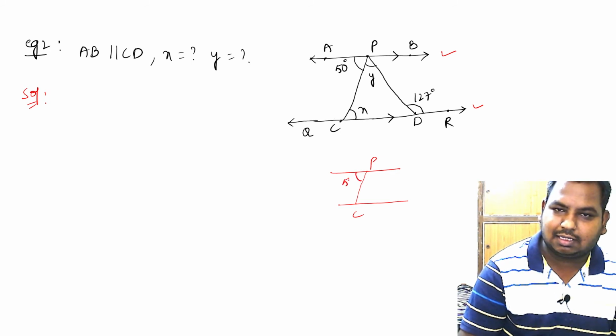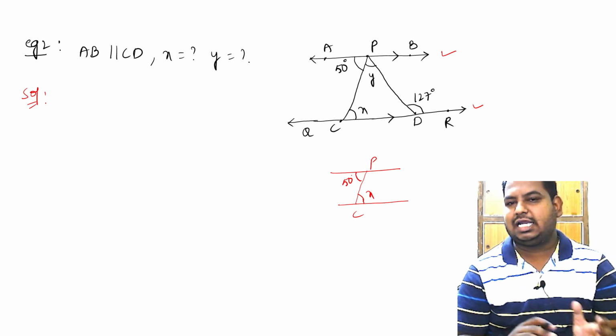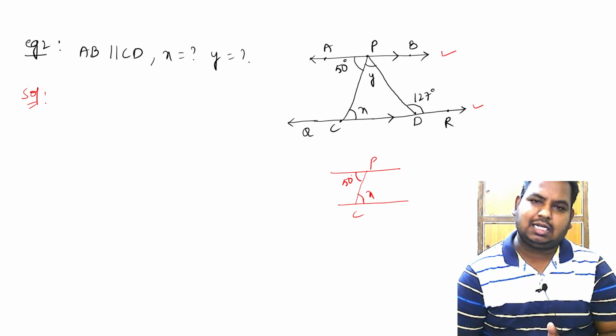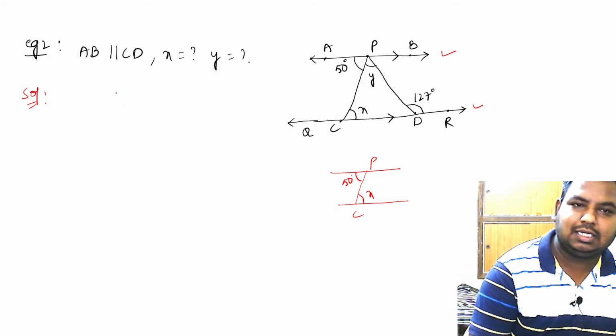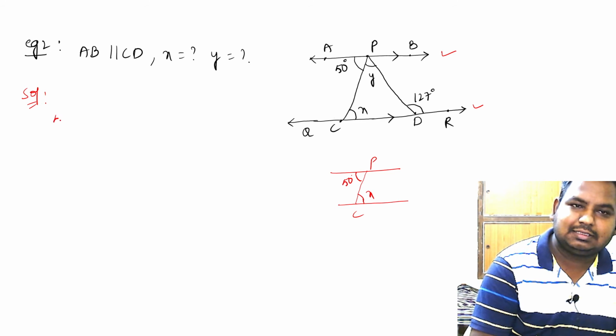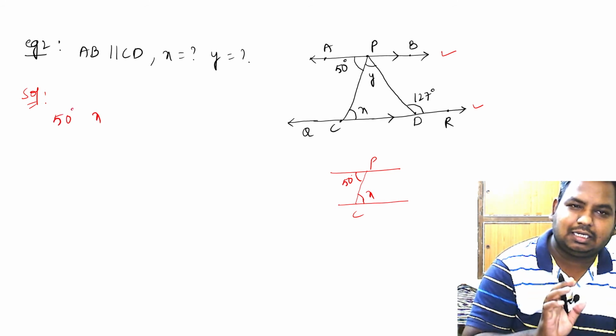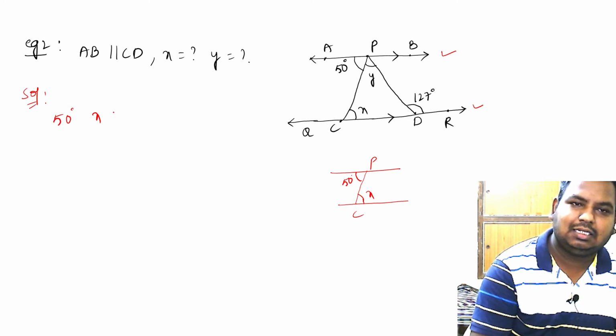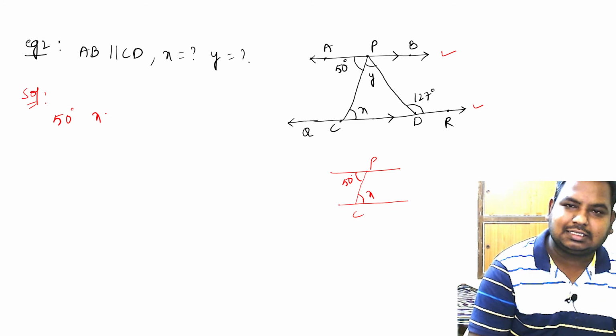50 degrees and x. What kind of angles are 50 degrees and x? Both are alternate interior angles. So if the lines are parallel, then alternate interior angles are equal.